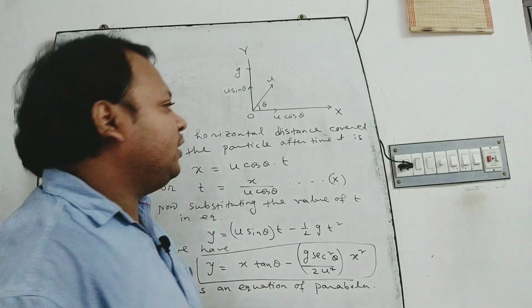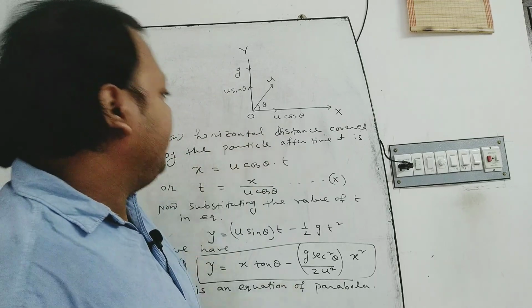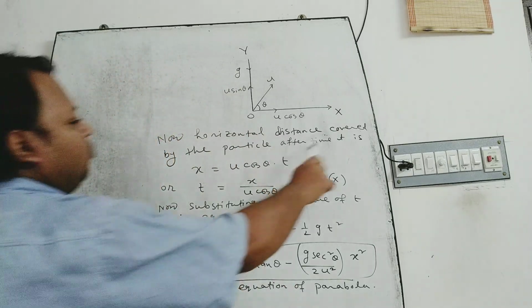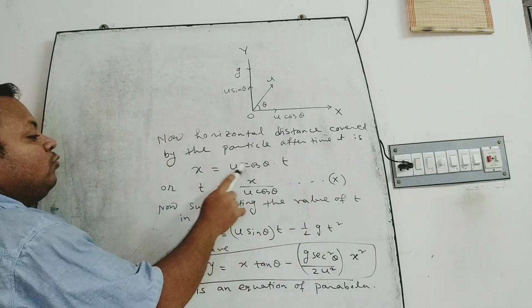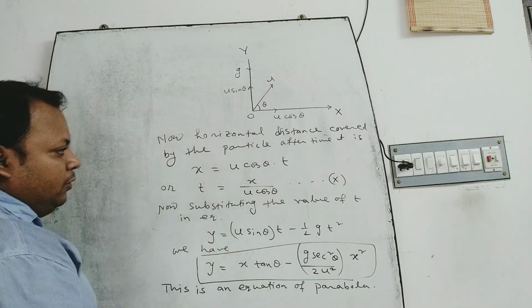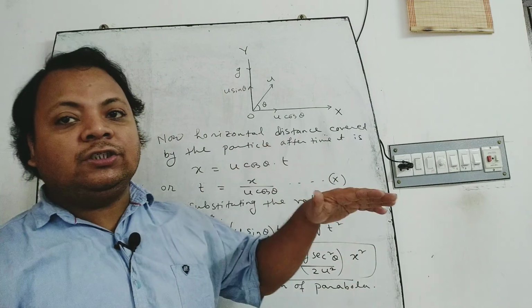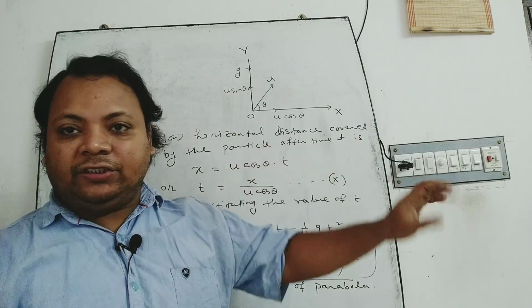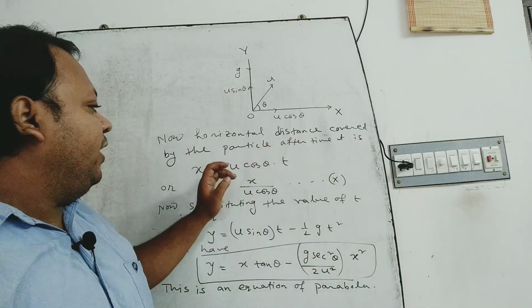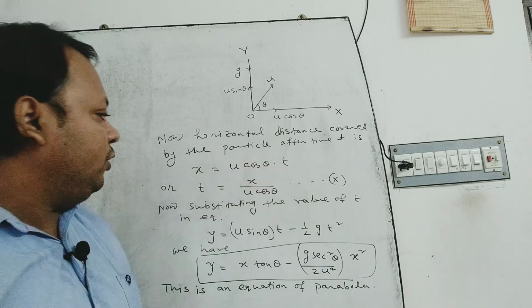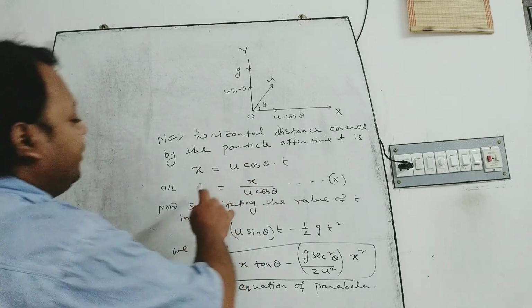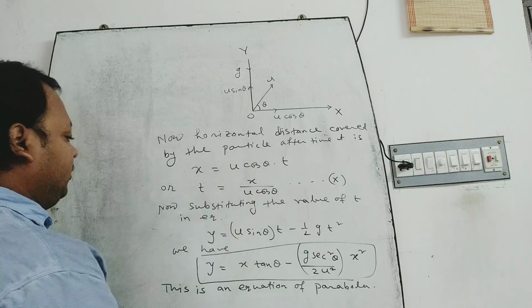Now, the horizontal distance covered by the particle after time small t is x is equal to u cos theta into t. Since along the x-axis the velocity of the particle remains constant, therefore x is equal to u cos theta into t, or t is equal to x by u cos theta.